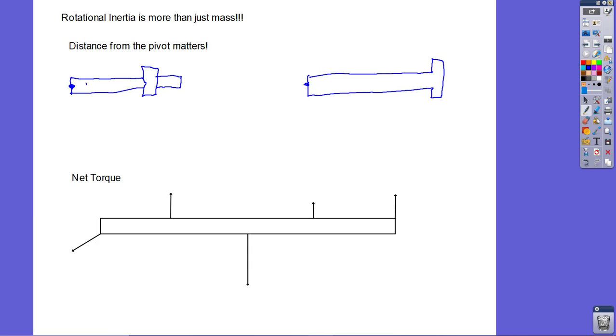So remember, the farther away the mass is, that means the greater the rotational inertia.